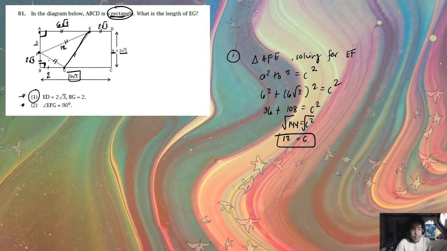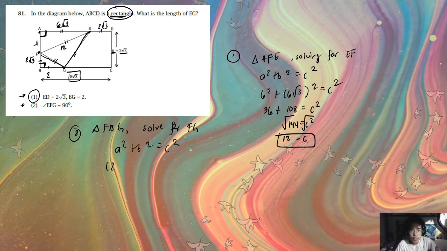Now we can solve for the measurement of the other hypotenuse of the right triangle that we have here at the bottom. For triangle FBG, we're going to solve for FG or GF. Using again the Pythagorean theorem, A squared plus B squared is equal to C squared.